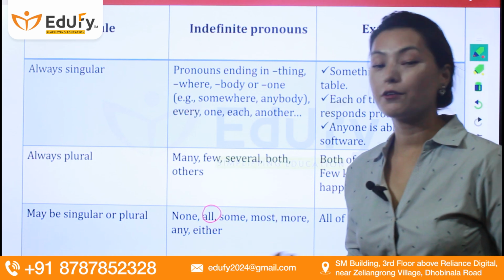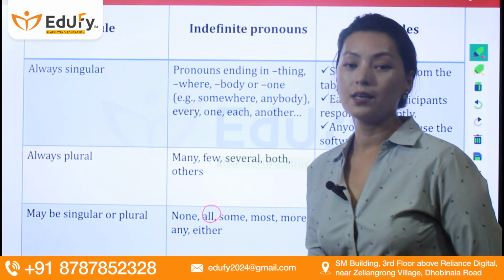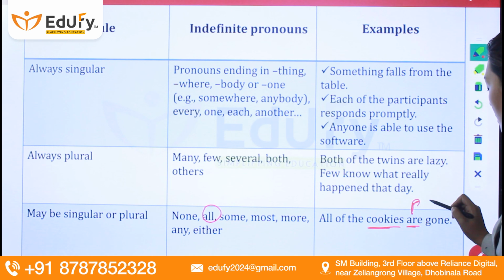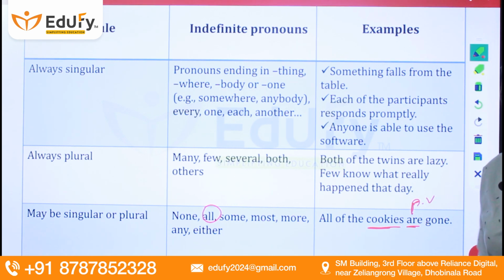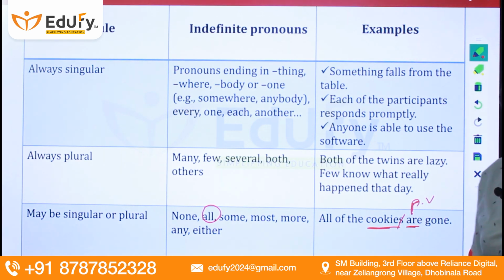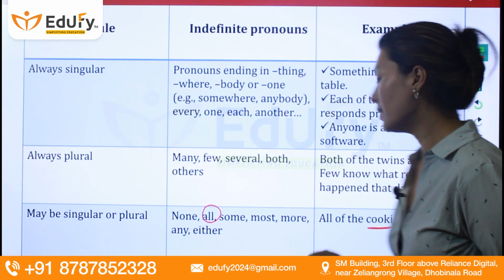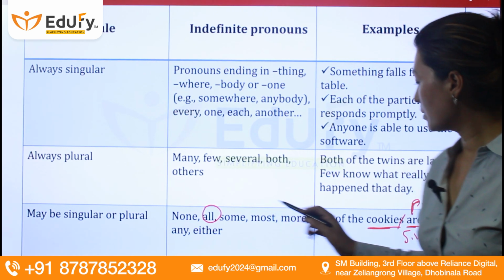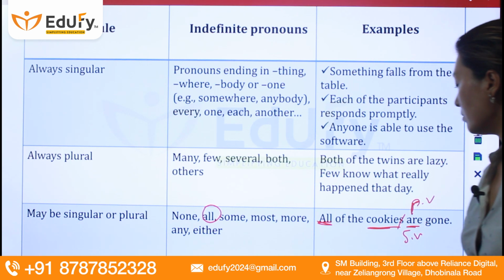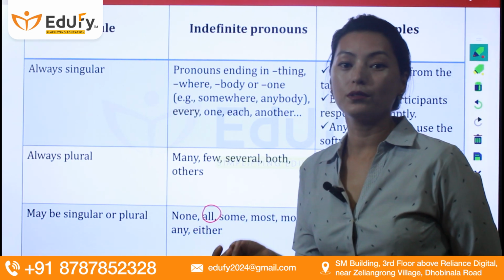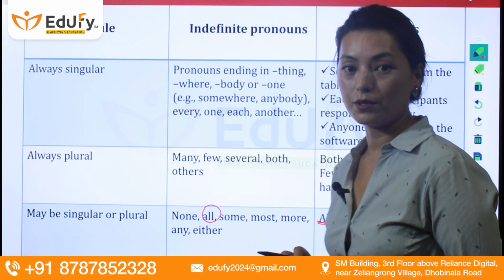So if it is referring to multiple items, then I will use the plural verb, which is "are." If I say "all of the cookie" without the S, then I will write a singular verb. Why? Because although we have an indefinite pronoun, it is referring to a single cookie. So therefore, I will use a singular verb.